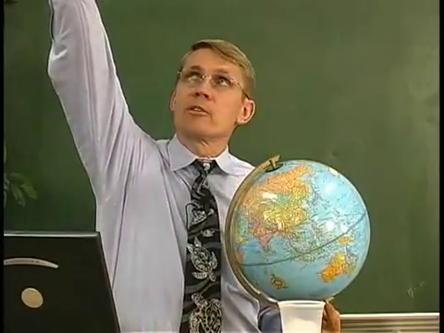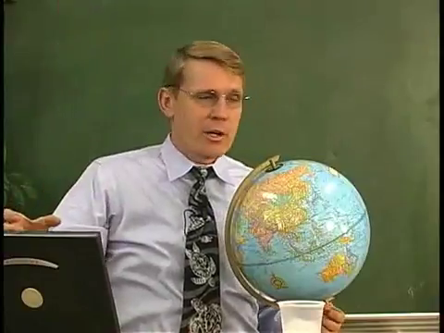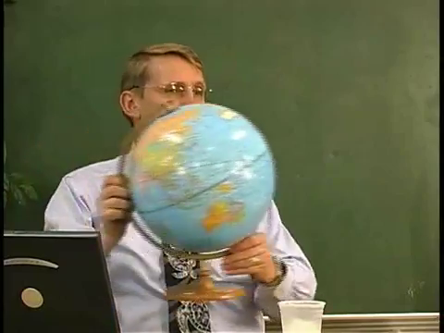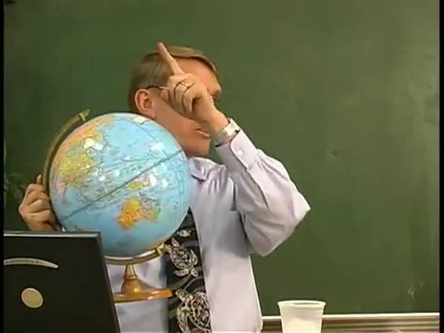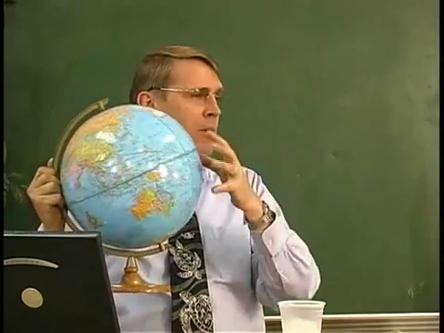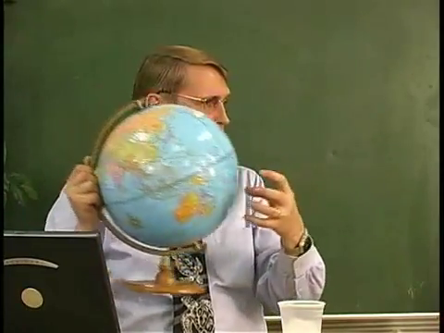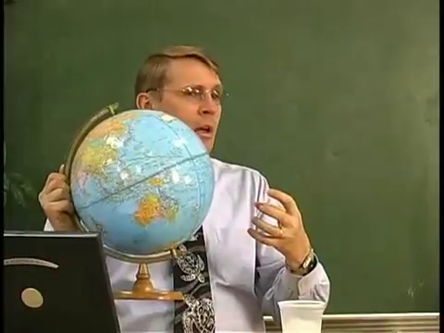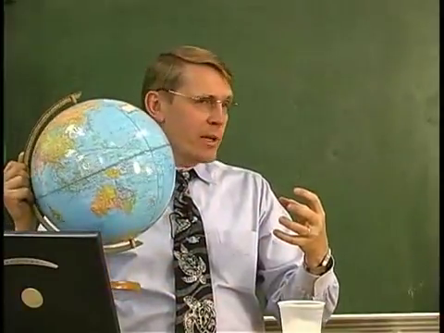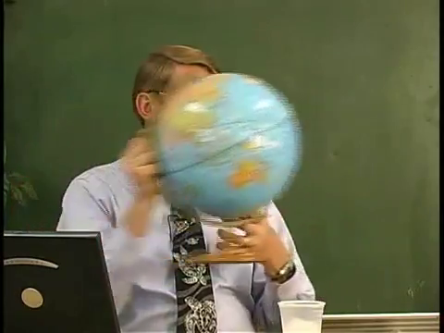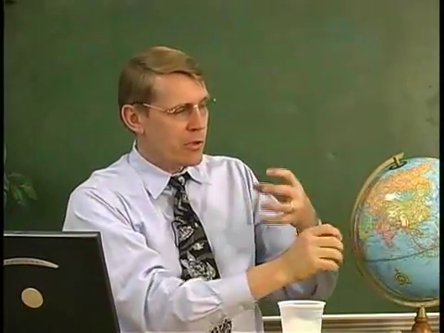Let's say the North Star is up in that tree someplace, and the sun is right here. As we go around the sun, it always stays pointed to the North Star. That doesn't change. But our tilt in relation to the sun changes depending which side we're on. So if we're over here on this side, we have winter because we're tilted away from the sun. If we're over on this side, we have summer because we're tilted toward the sun.